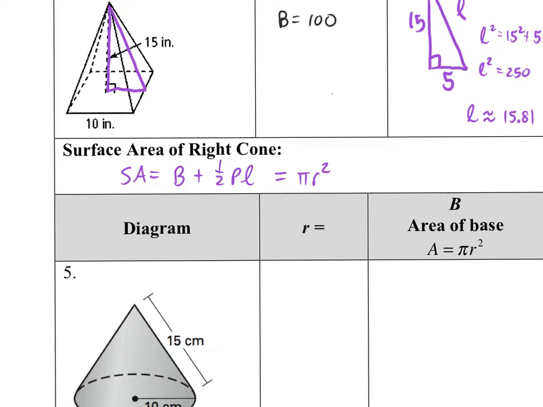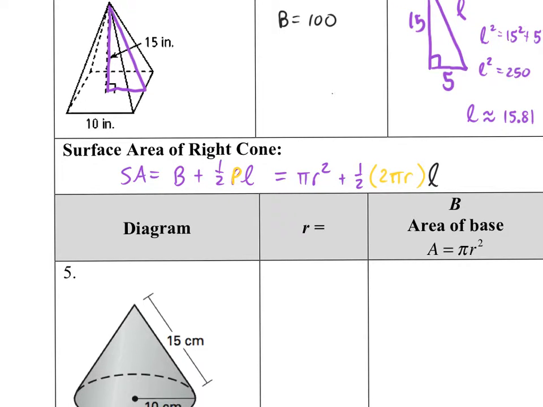The base is a circle. We also know that the perimeter of a circle is also called a circumference, so I say 2 pi r. I just substitute in. And the L is still L. No changes there.